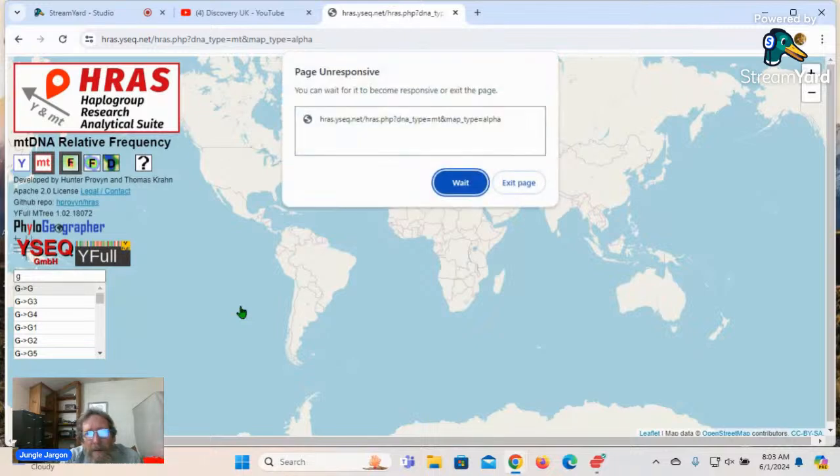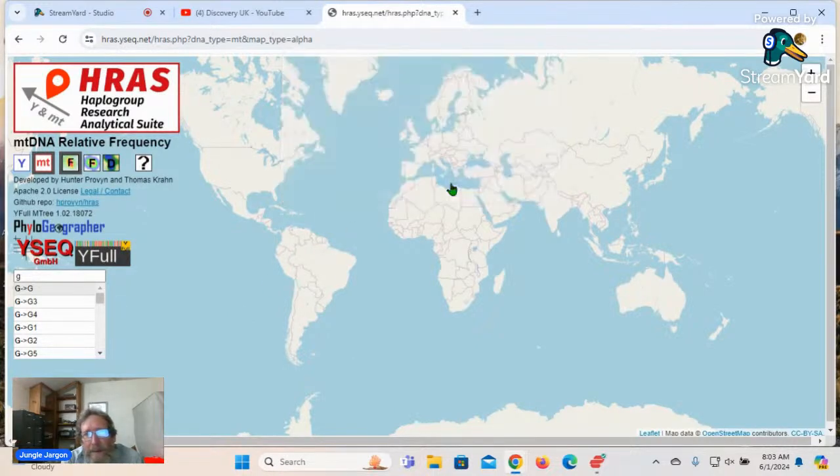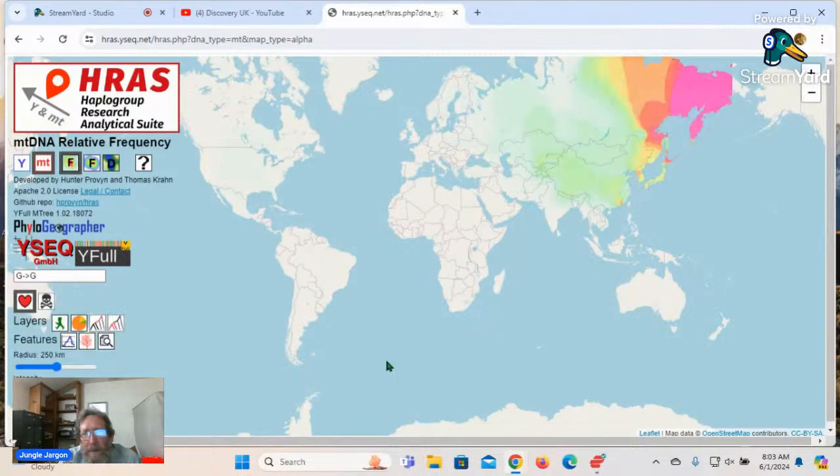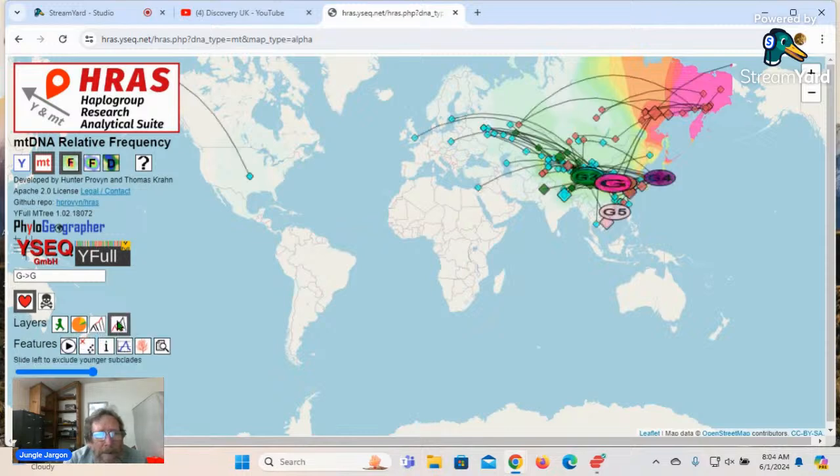This is a Eurasian mitochondrial lineage. So it'd be the daughters of Japheth. So it'd be a lineage of the daughters of Japheth and their migrations.